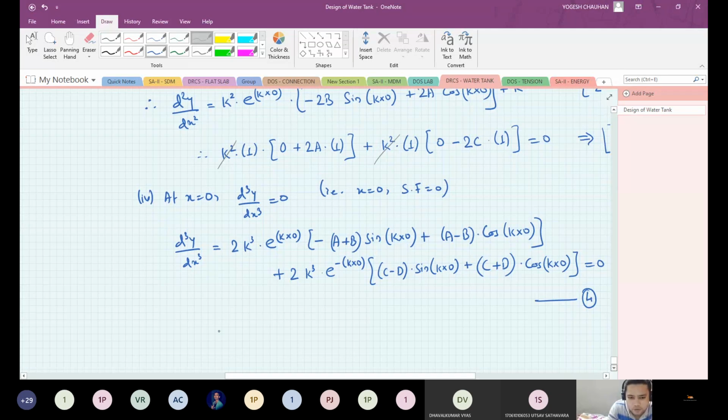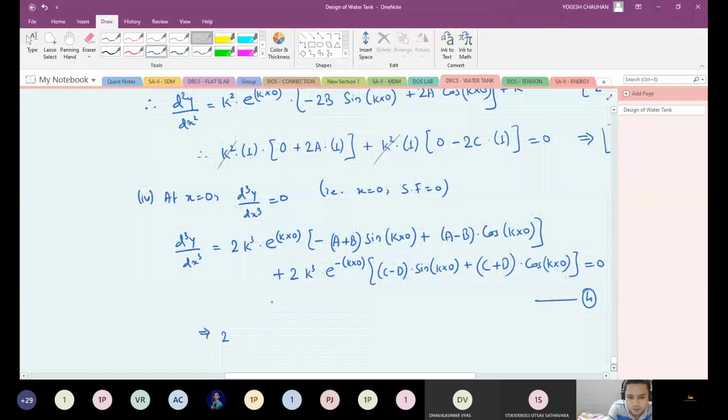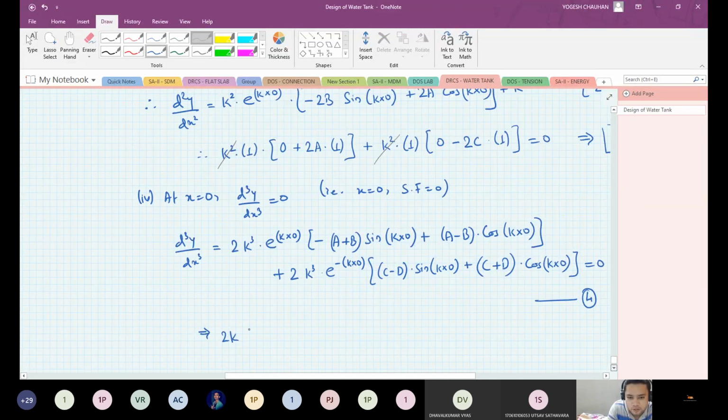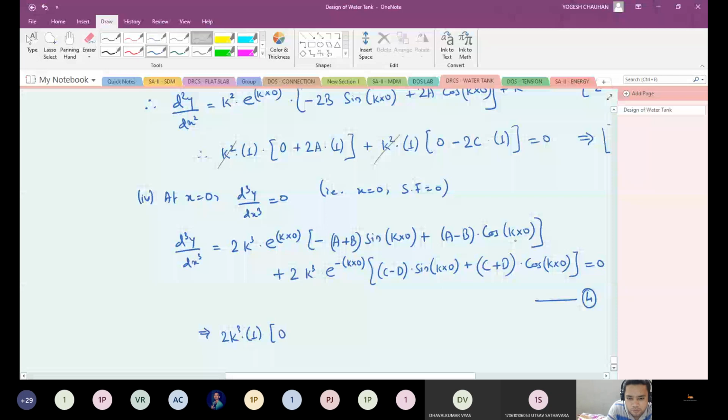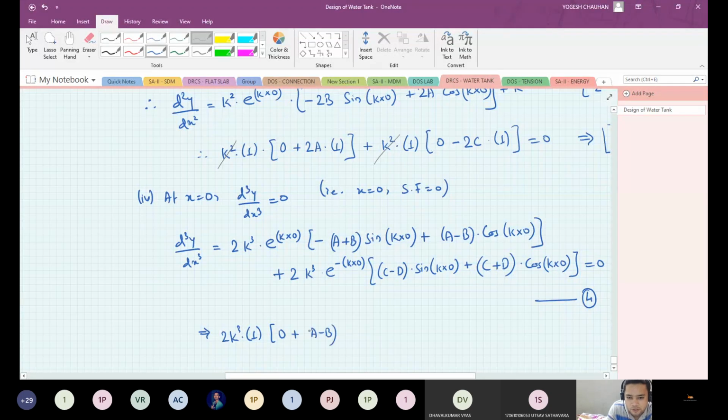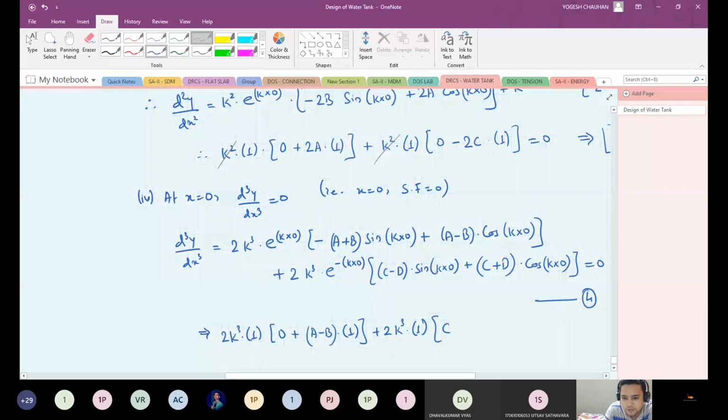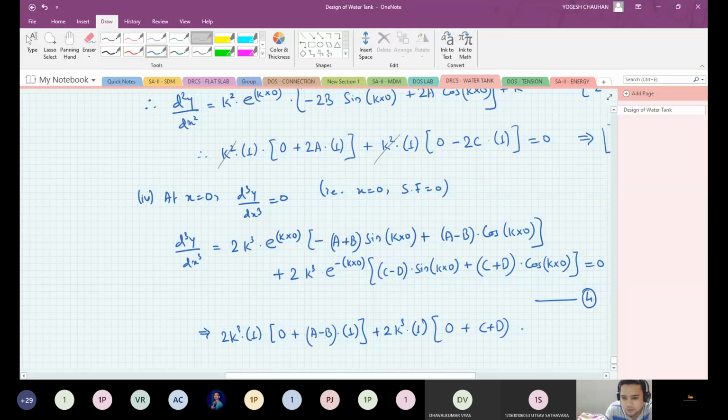So that means 2k cube, this e raised to the power 0 is 1, into the sine 0 is 0, so this is 0, and a minus b into cos 0 is 1, so plus a minus b into 1, then this term plus 2k cube, again this term is 0, so multiply by 1 into the power this c minus d, sine 0 is 0, so this term becomes 0, plus c plus d into cos 0 is 1, equal to 0.